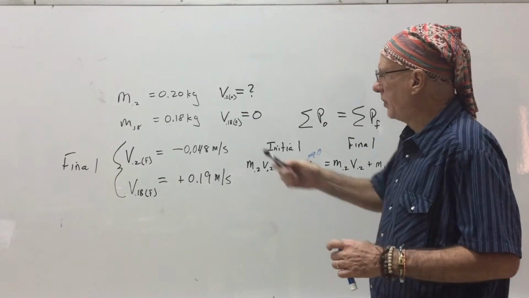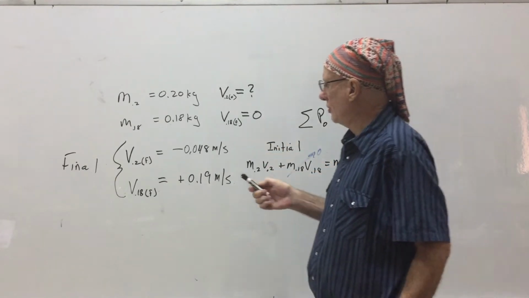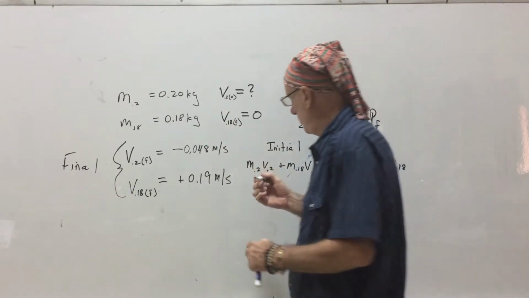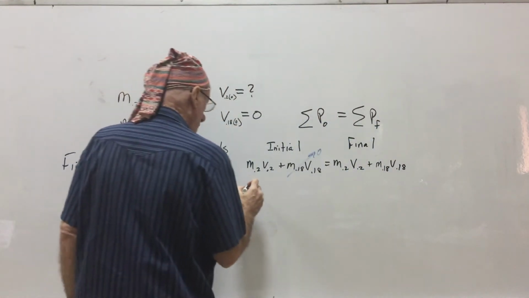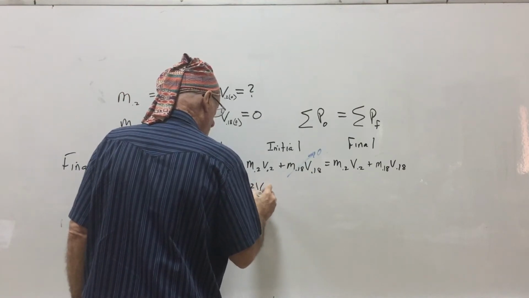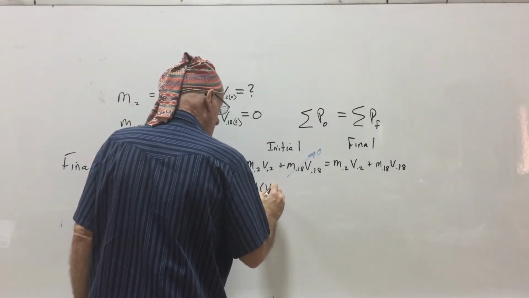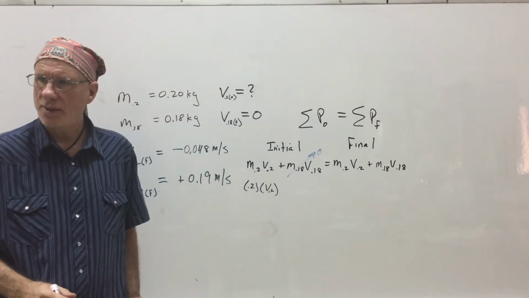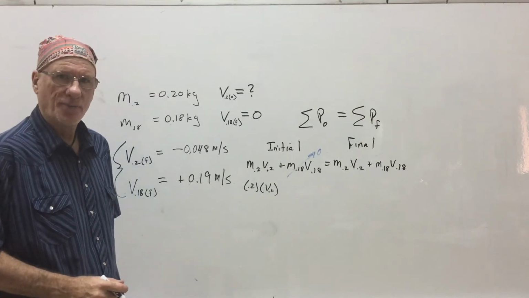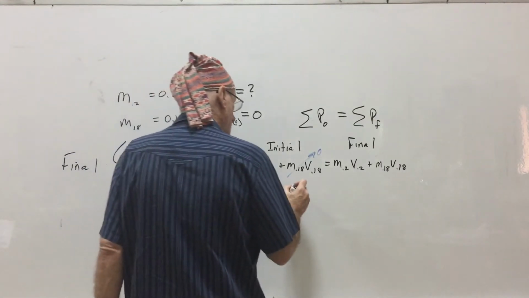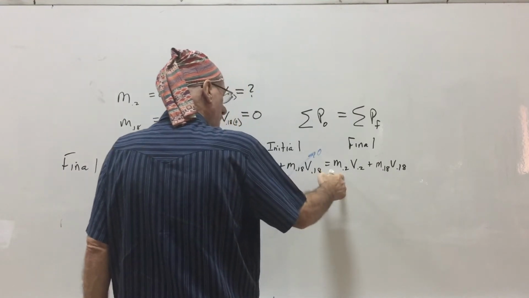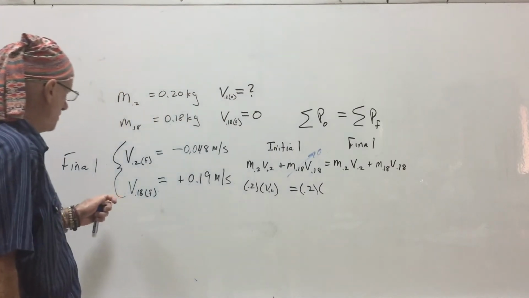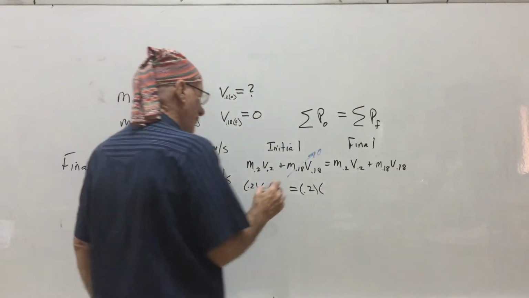All right, so let's plug in. Make sure your unit labels, meters per second and kilograms, everything's fine, yes? So this is going to be 0.2 times V.2. That's what we're looking for, correct? We're looking for the initial velocity of the 0.2 kilogram object, and that's going to equal 0.2, and the velocity of the 0.2 afterwards is negative 0.048.